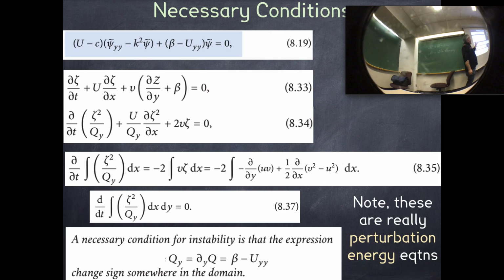Okay, so if we're going to have an instability that grows, what can you say about entropy, knowing that dq/dy doesn't change in time? If we have an instability that grows, what has to happen to the entropy?